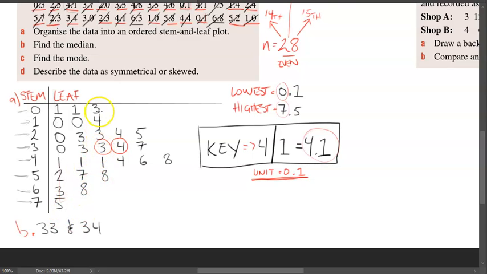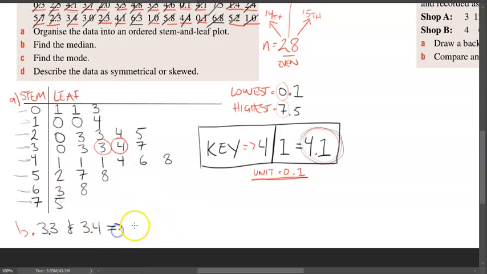So I purposely made 2 mistakes. The common one is showing that people interpret this as 3 and as 4 and they forget about the stem. And the second mistake I purposely put in is we have to remember the unit we're talking about. So it's in the middle of 3.3 and 3.4.